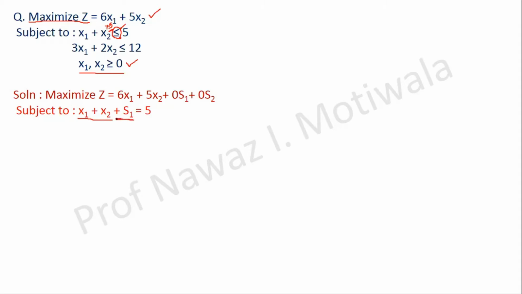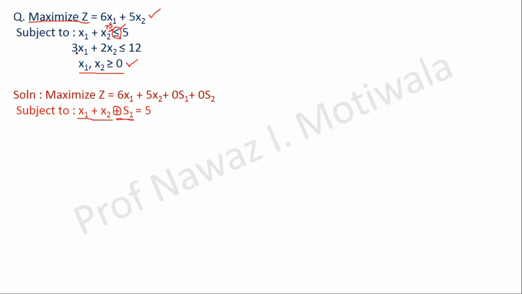Why have I done this? I have done this just to balance this equation, to remove this inequality sign. As there was a less than or equal to sign here, I have added something so that it becomes equal to 5. Any doubt in this particular equation? What you have to do is just add a surplus variable to balance or remove the inequality sign and make it an equation.